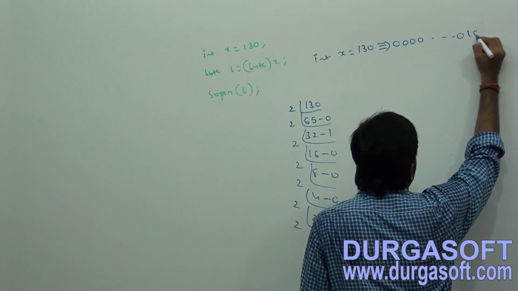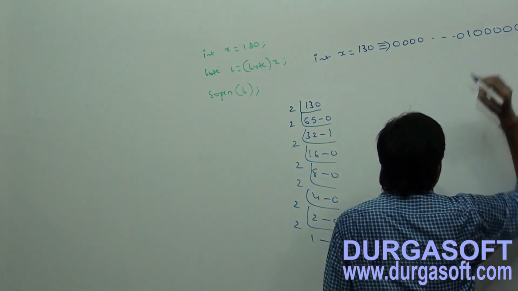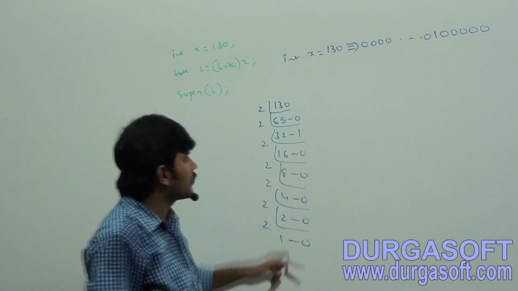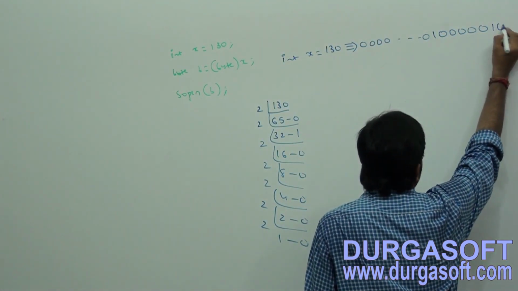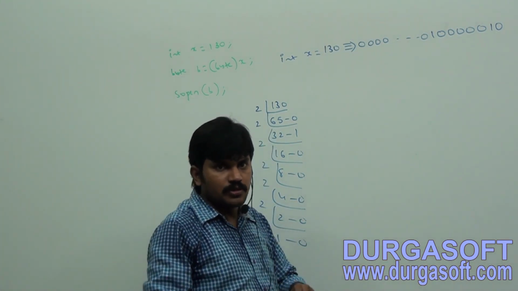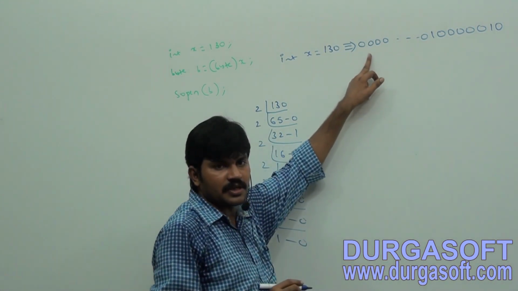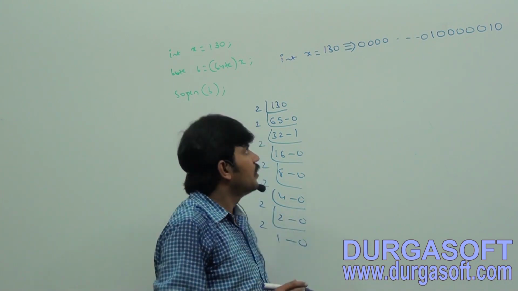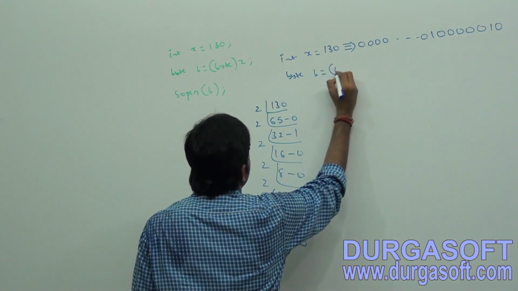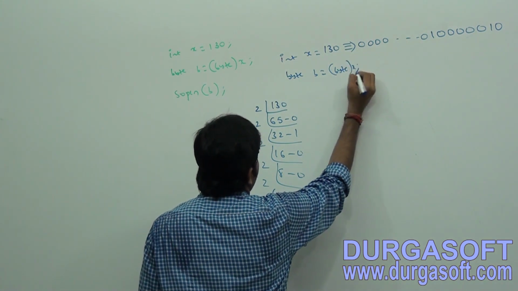How many zeros? 1, then 5 zeros, followed by 1 0. Are you getting the point? By default we get this for int x is equal to 130. Now byte b is equal to byte of x.